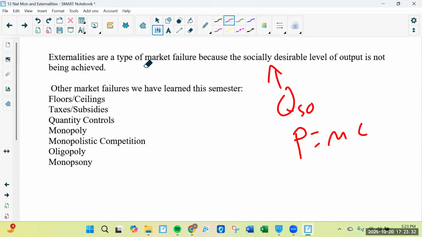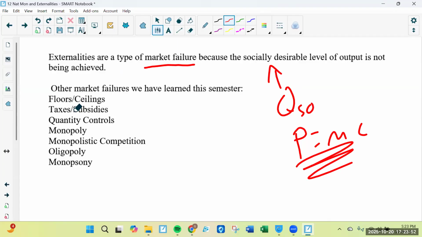Now, other market failures, we've seen all semester long. In fact, that's what this course is all about. It's about market failures, not being perfect competition, not being where price equals marginal cost. Is anytime you have a floor or ceiling, anytime you have a tax or a subsidy. Now, I won't say anytime.